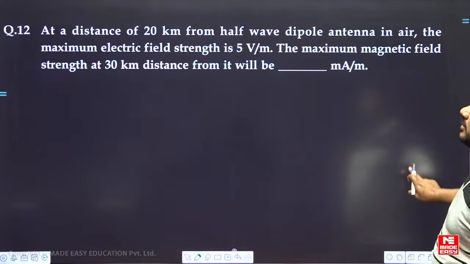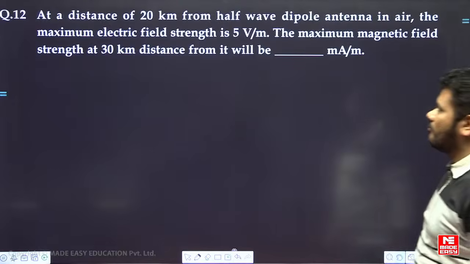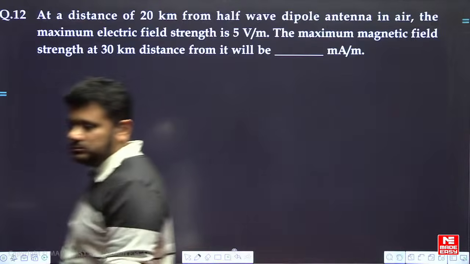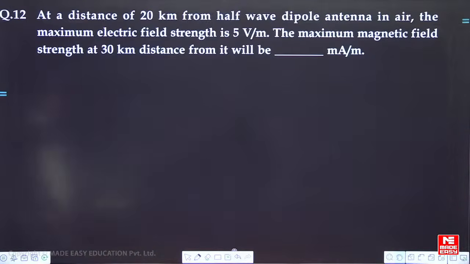Next question, question number 12. So let us try this question. The question says that at a distance of 20 km from a half wave dipole antenna in air, the maximum electric field strength is 5 volt per meter. The maximum magnetic field strength at 30 km distance from it will be how much milliampere per meter, right.